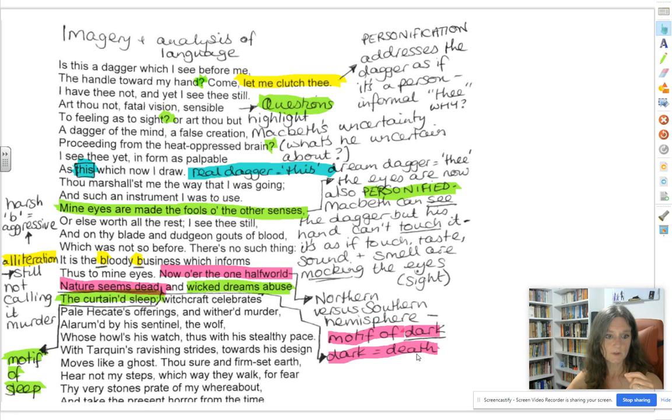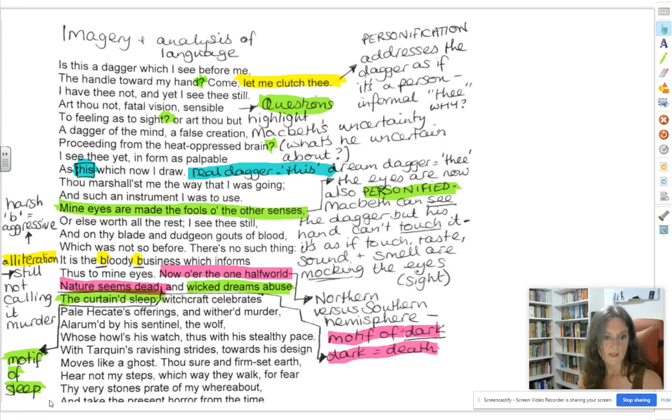And then another one of our favourite Macbeth motifs comes up straight afterwards. Wicked dreams abuse the curtained sleep. So that motif of sleep again, which we have already tracked through the play, has come up twice in this scene, hasn't it? First of all, Banquo talks about being troubled by nightmares. When he tries to sleep, those dark thoughts about the witches come back and trouble his mind.